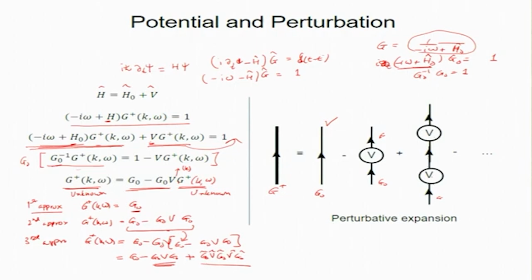Okay. We can also write in the following way: G naught minus G naught V and the solid line, full G. Okay. So, this will correspond to this one, this is represented here. Okay. So, this is one representation for how to compute the Green's function. So, in fact, if you are used to it, then you can write these diagrams very easily.